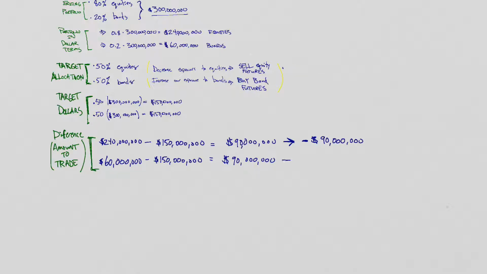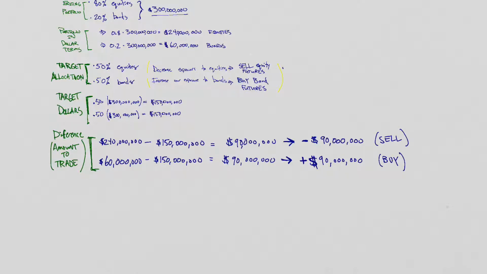And because we wanted to increase our bond exposure so that we have a higher effective allocation towards bonds, we need to purchase an additional 90 million of futures exposure when it comes to bonds.